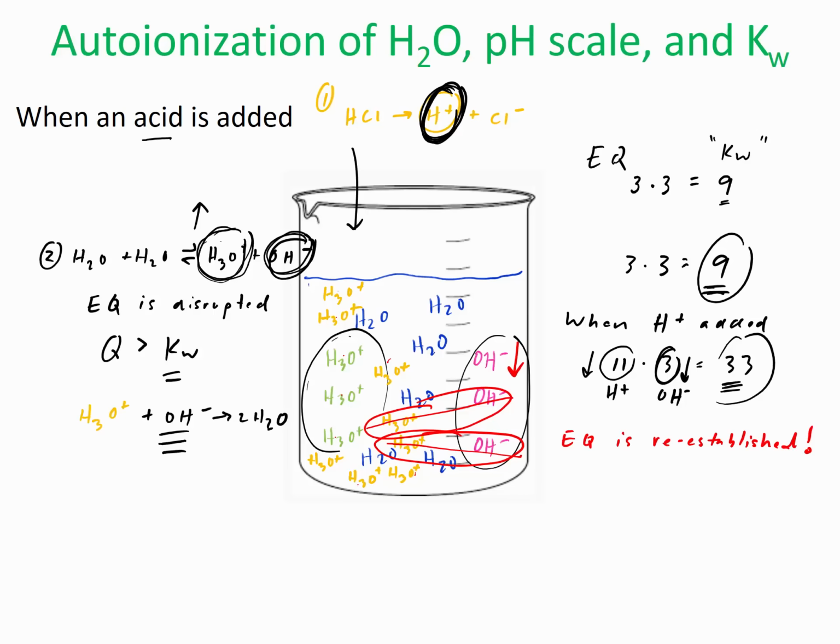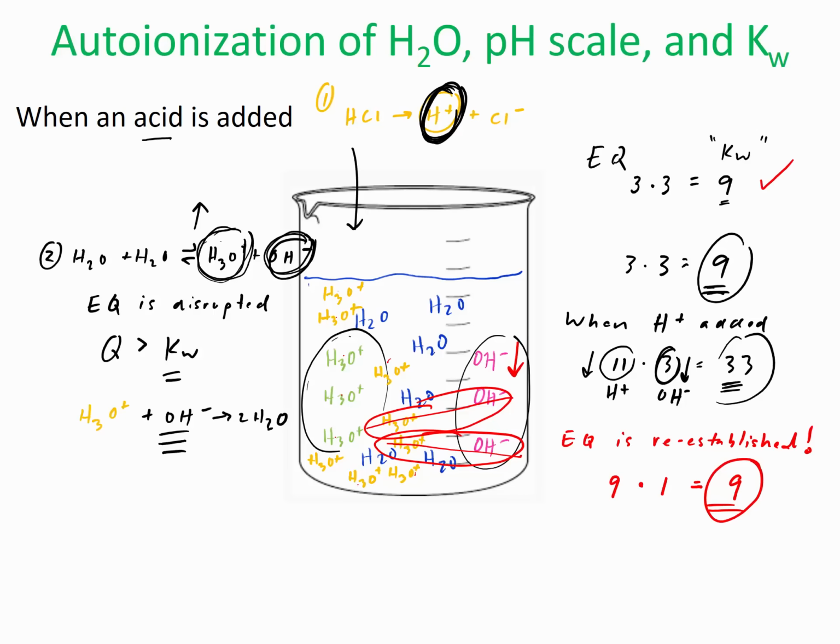So this number went from 11 to 9, and the OH went from 3 to 1. And so now I've gotten back to Mr. Walls' own hypothetical KW, just because I don't want to work with those itty bitty numbers. So just to illustrate this example, we got back to our original equilibrium number.